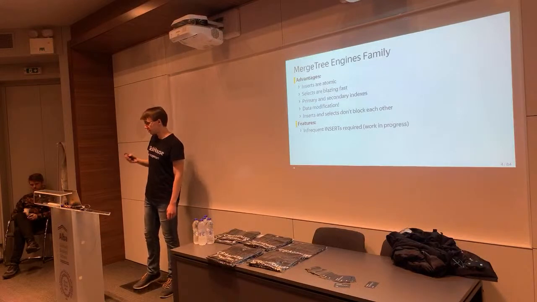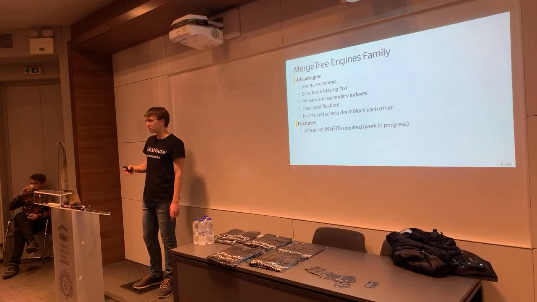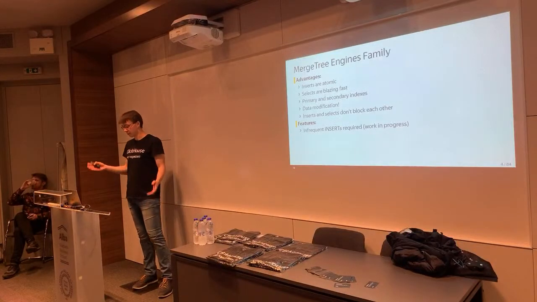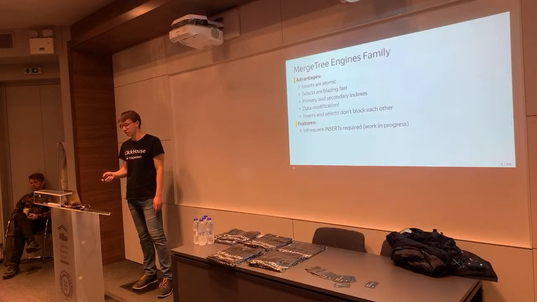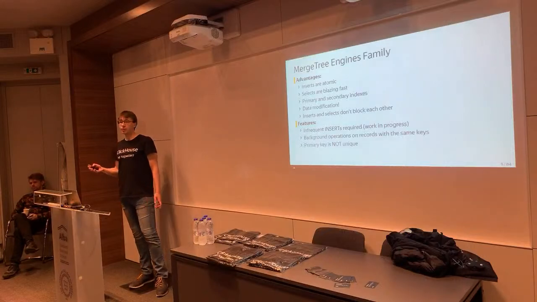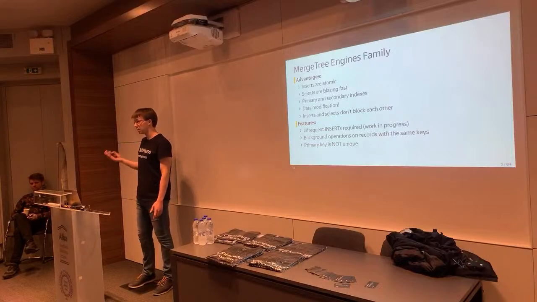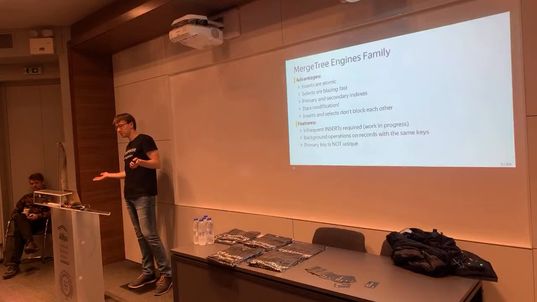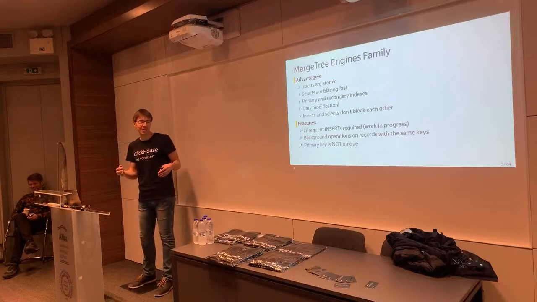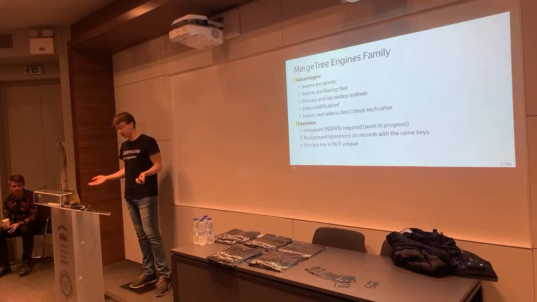I think this year, you will be able to insert data into ClickHouse as frequently as you want. But for now, you should control your rate of inserts. Also, MergeTree has some background operations on records with the same keys. And as Alexander also said, it is absolutely okay for this storage. The primary key in MergeTree is not unique.